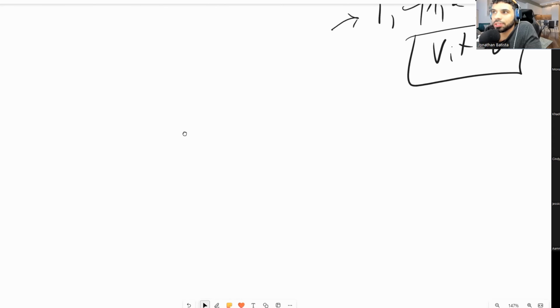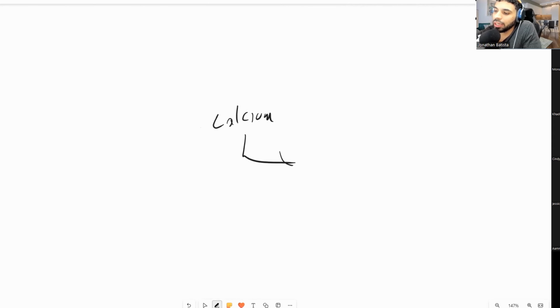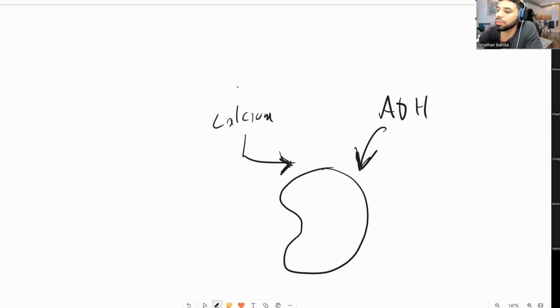Calcium can desensitize the tubules when it comes to ADH. So ADH will try to do its job on the kidneys, but the overwhelming increase of calcium will now not allow it to. So therefore, your patient will have polyuria, polydipsia.